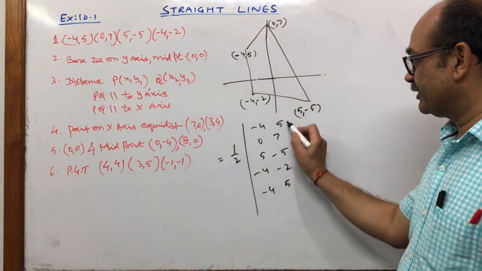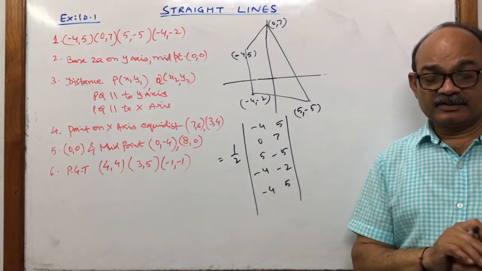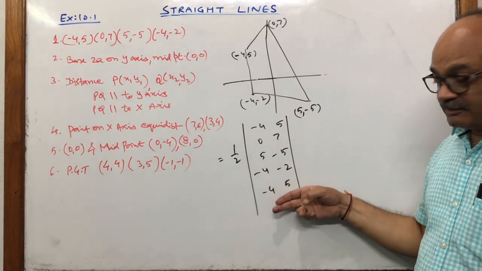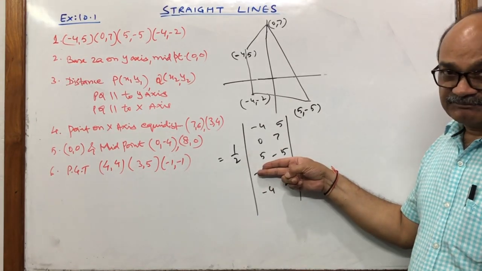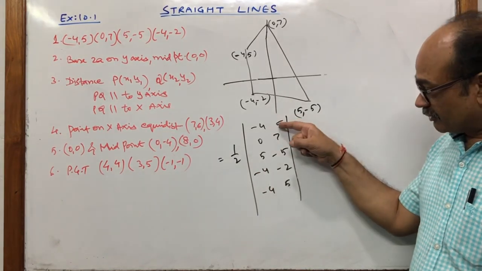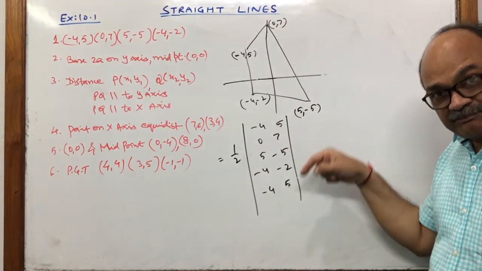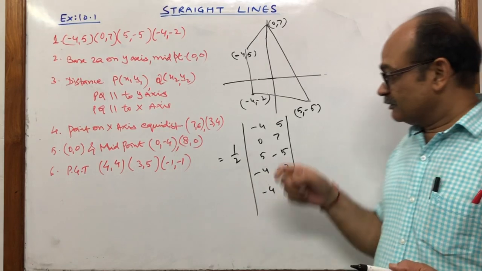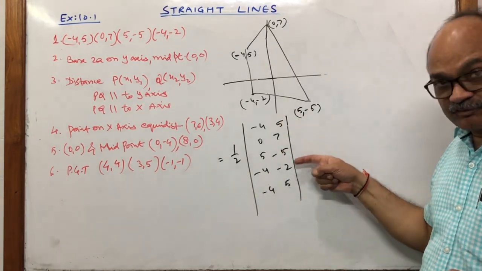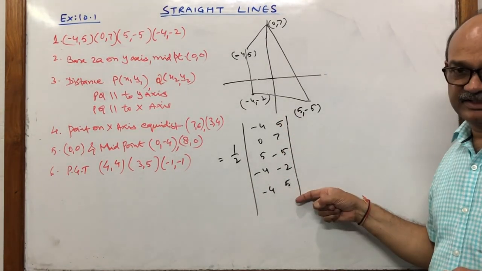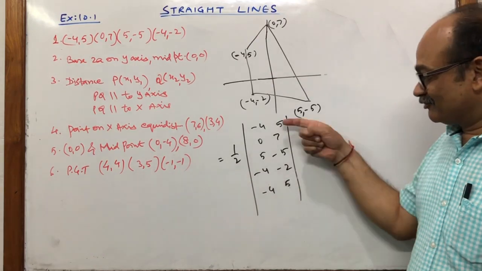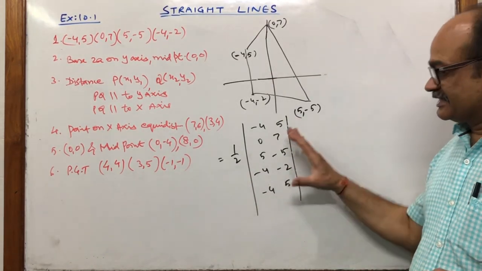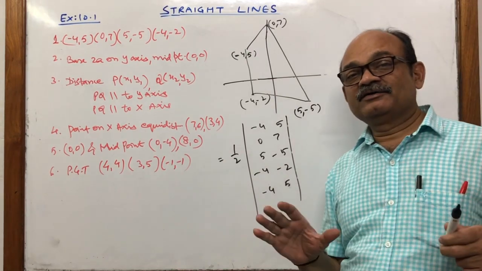If it is a triangle, 3 coordinates are given: first, second, third coordinate, and repeat the first coordinate. But if it is the area of a quadrilateral, first, second, third, fourth coordinate, repeat the first coordinate again. If it is a pentagon, first, second, third, fourth, fifth, again first. In this way, we will calculate the area very fast.